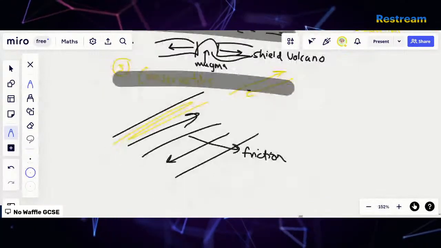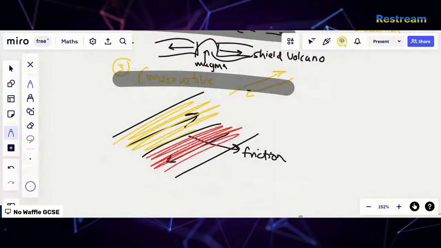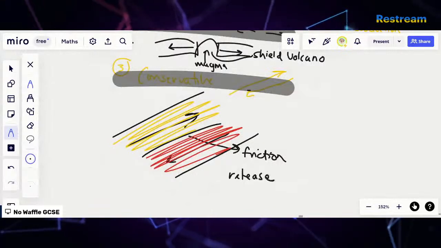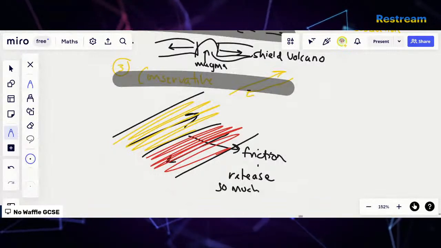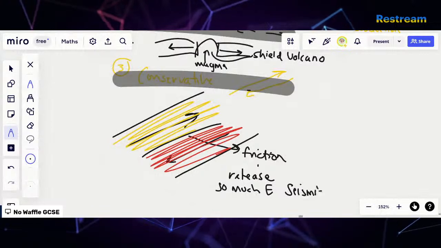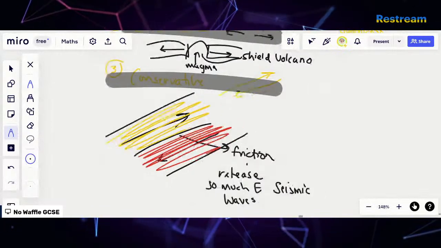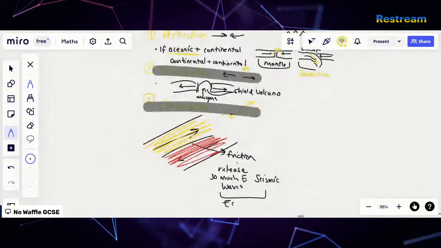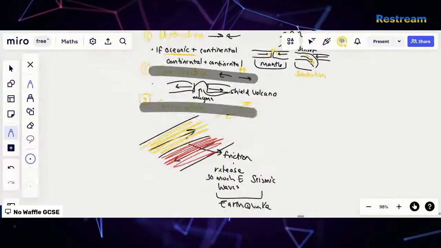And as this friction builds, when it's released, it releases so much energy that it releases it in waves, which we call seismic waves. And this whole thing is what we call an earthquake. And this process is entirely random and you can't predict it.